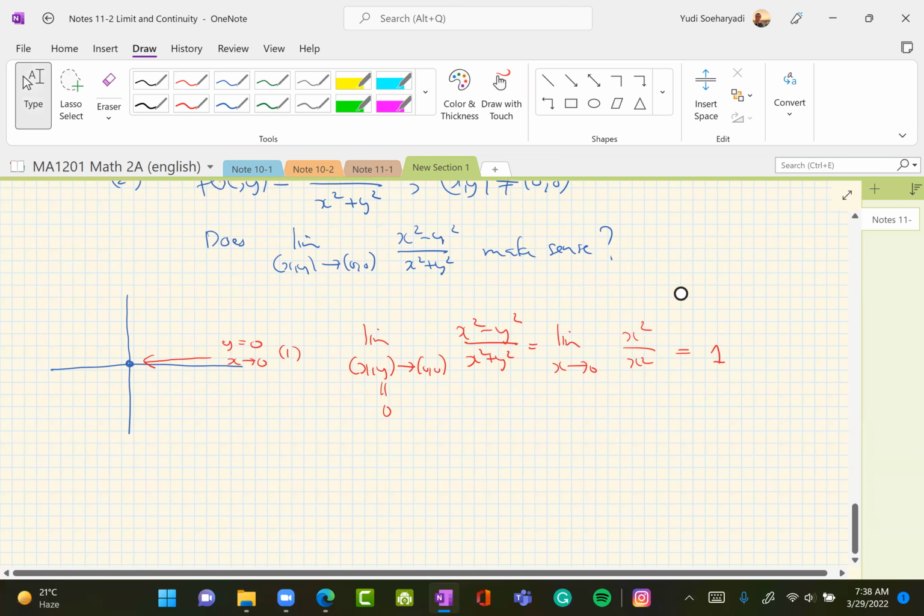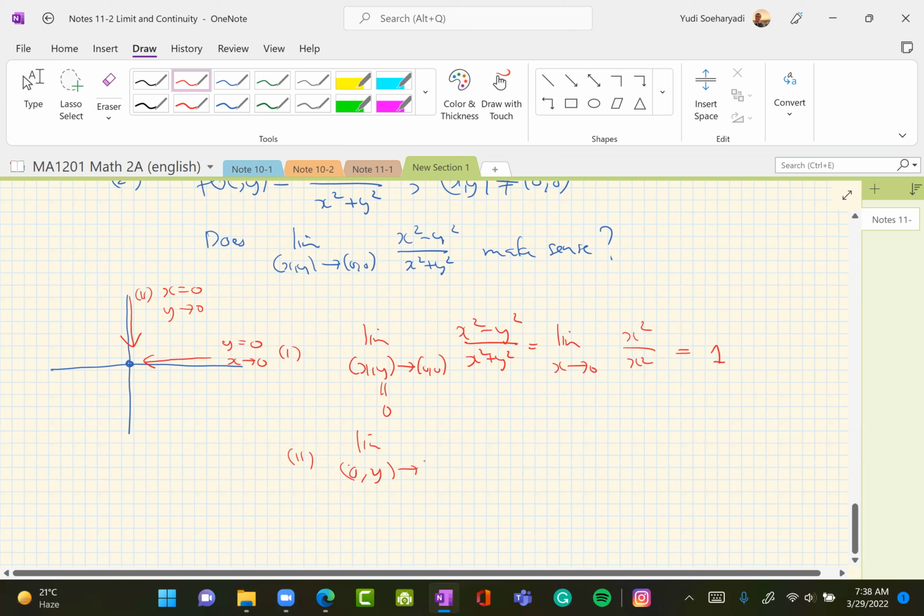But as we come in this direction, x equals 0, but y going to 0. So the second approach gives you, let's see, x equals 0, y going to 0.